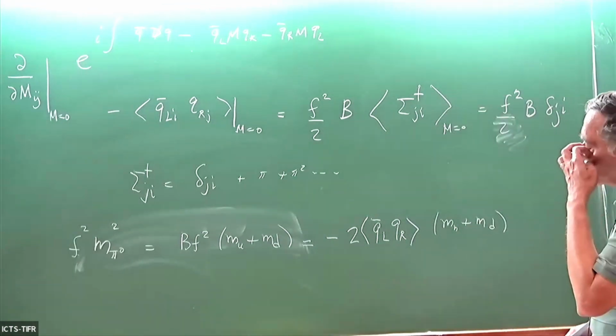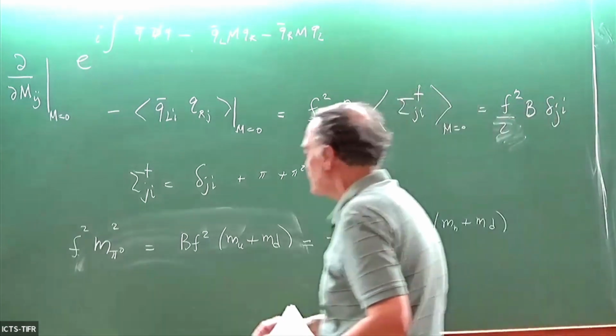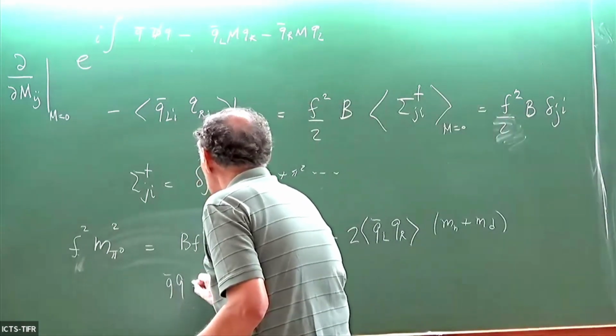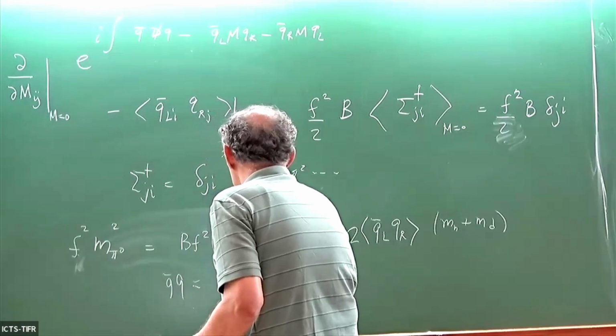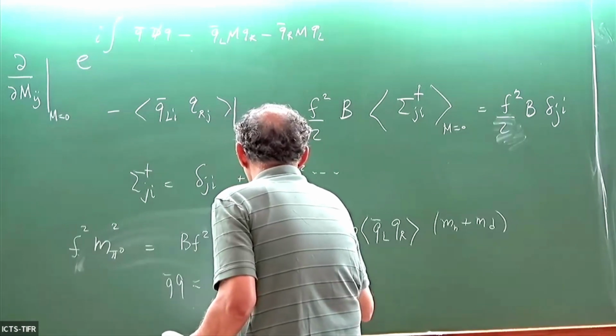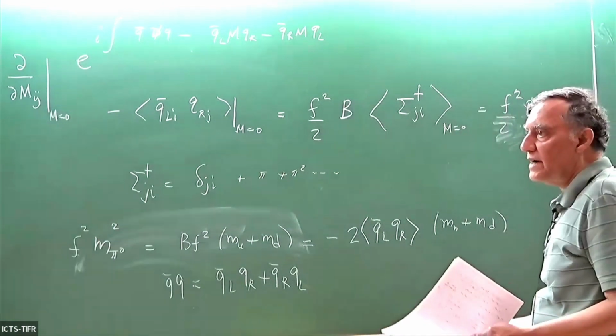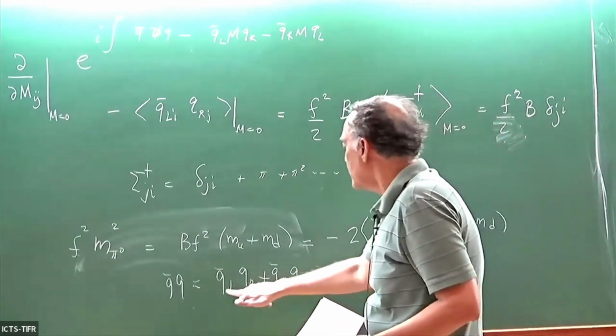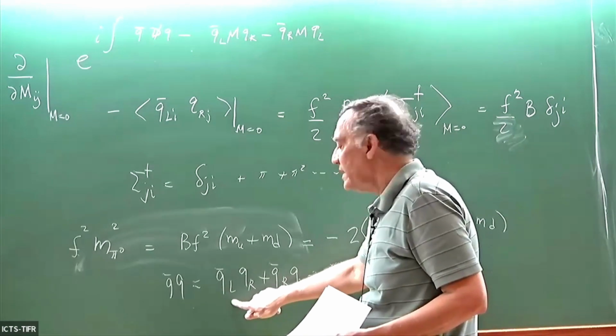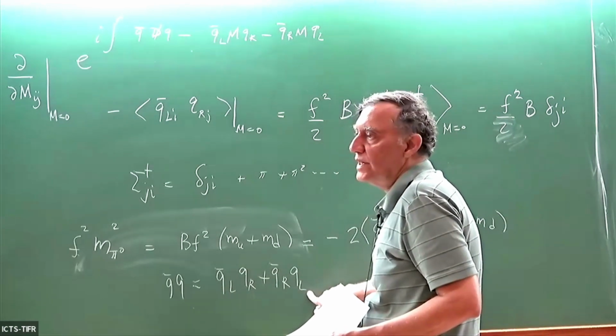Now, the way this is usually written is if you take q bar q, that's q bar left q right plus q bar right q left. But because parity is a good symmetry, the expectation value of q bar left q right is equal to that of q bar right q left.